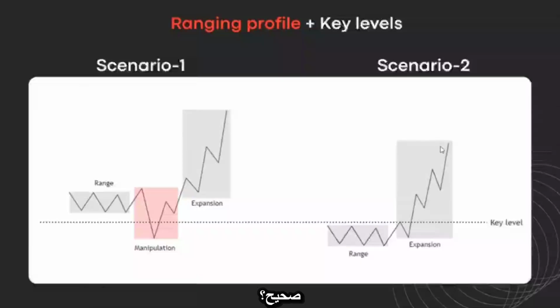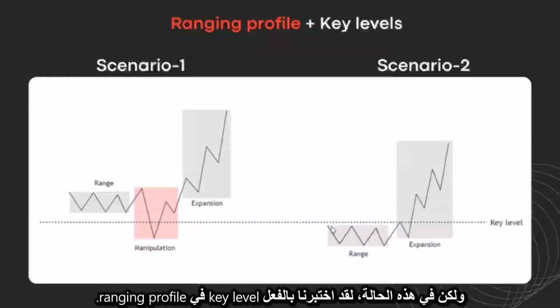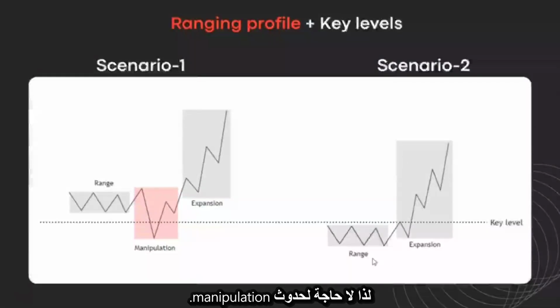In the other scenario we expected a manipulation profile because the key level wasn't tested, and price first had to test a key level as a catalyst for it to expand higher. But in this case, we already have tested a key level in the ranging profile, so there is no need for a manipulation to occur. Here we can straight away expect an expansion profile.